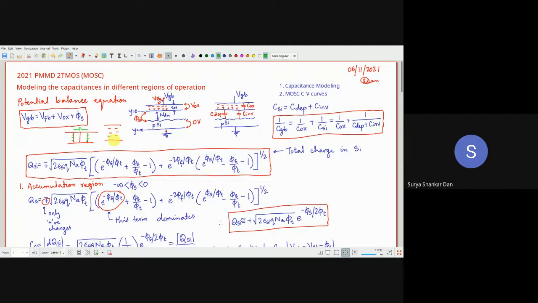Similarly, in case of a MOS capacitor, it is nothing more than a one-sided diode. The only thing is that this is your P-silicon. Whereas, what is the N side of this? You are applying a plus VG, no?